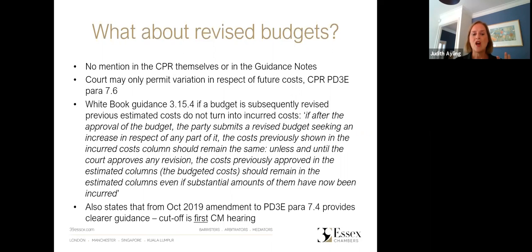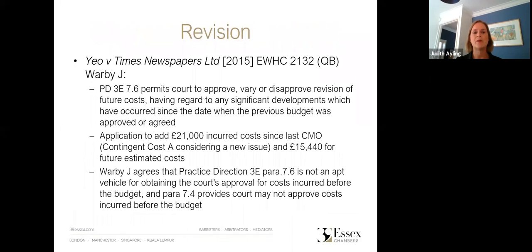And of course, the guidance says that the cutoff between incurred and budgeted is the first cost management hearing. I keep saying case management hearing, it's of course cost management hearing. So the cutoff in the guidance is the first cost management hearing. That's not so clear, as I've shown you, in the practice direction, which just refers to the cost management hearing. Now, the cases are inconsistent on this as they stand at the moment.